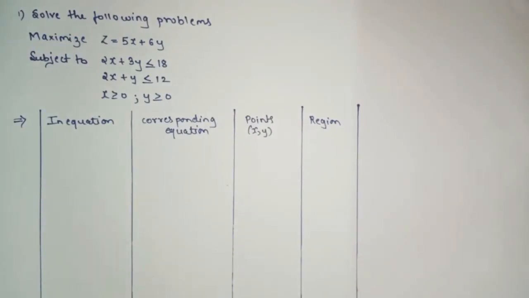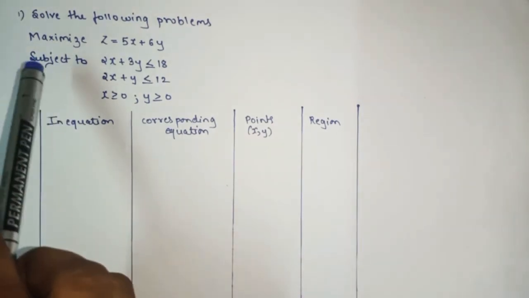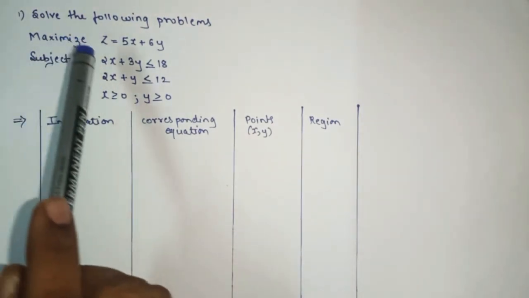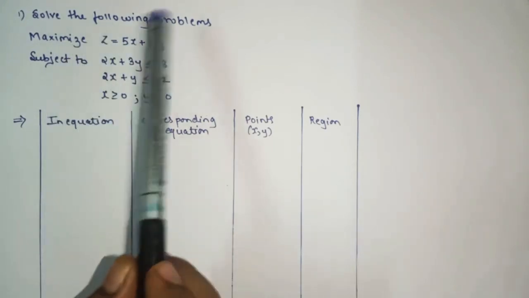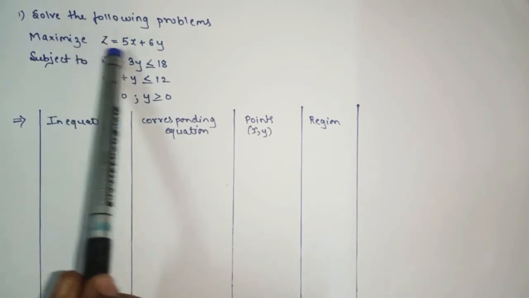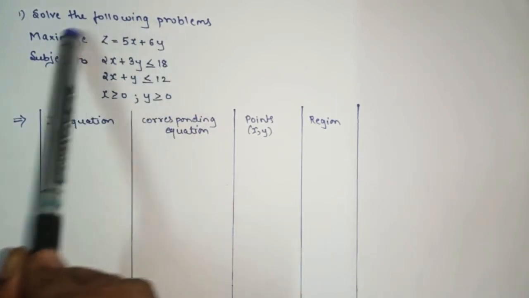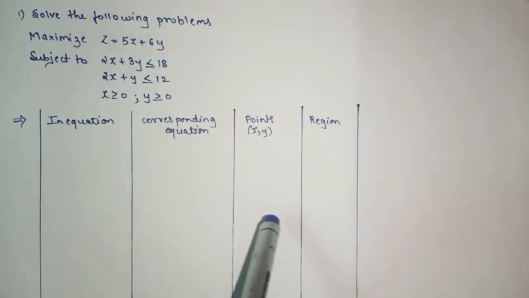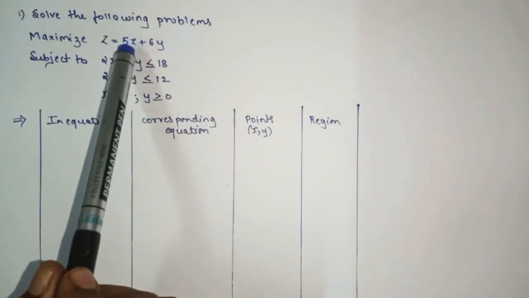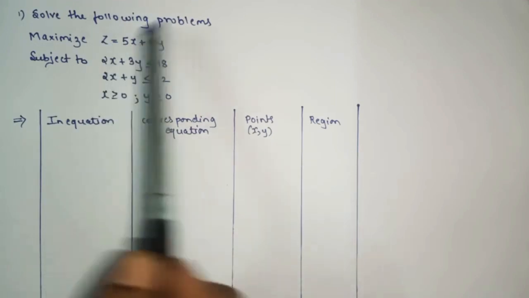So let's begin with the first sum, as it says: maximize z equals 5x plus 6y. Here z is a value where you have to replace x and y by the points, and you will get z as some number.